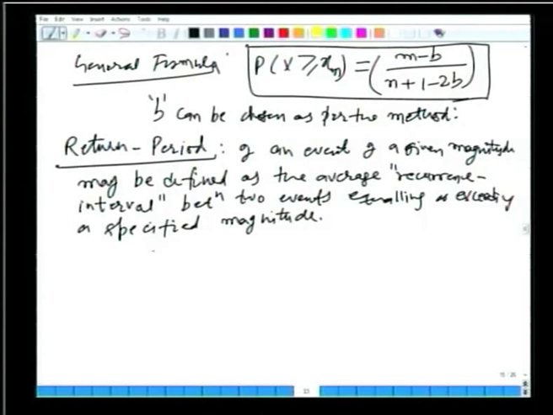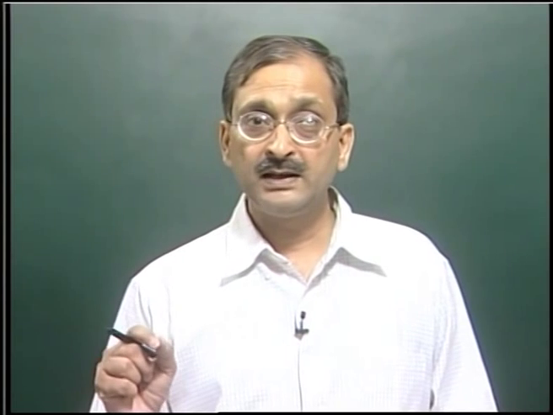Now, this T is given as the reciprocal of the probability of exceedance, x greater than or equal to xm, or 1 over p. We just looked at the plotting position method in which we determine p, or the probability of exceedance. So, if we have the data, quickly what we can do is arrange them in descending order.